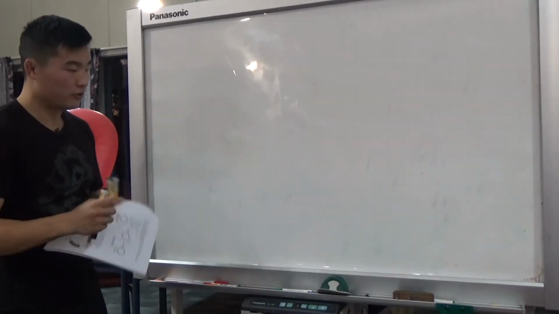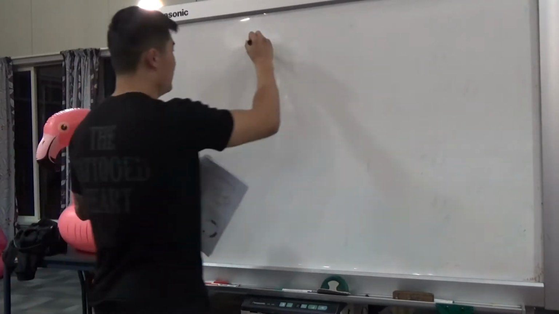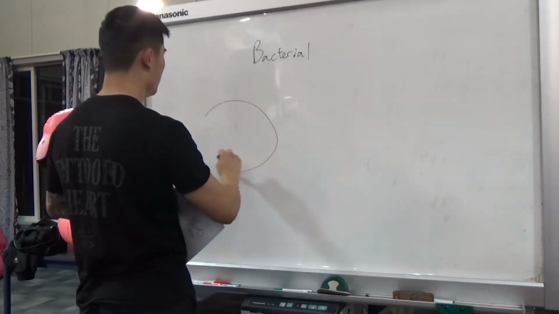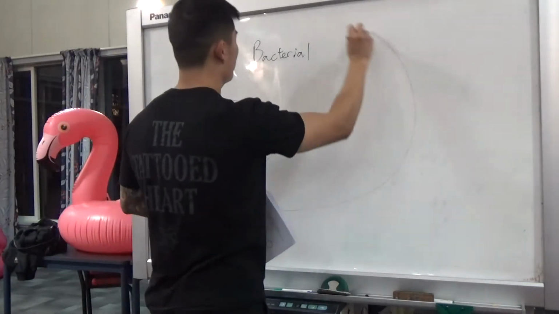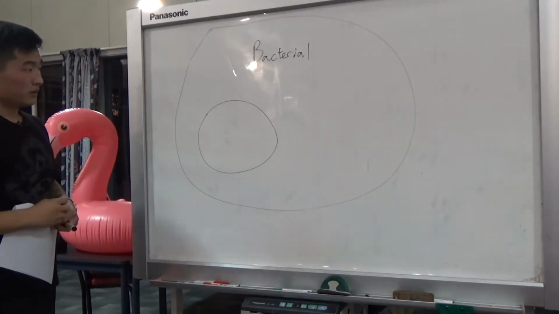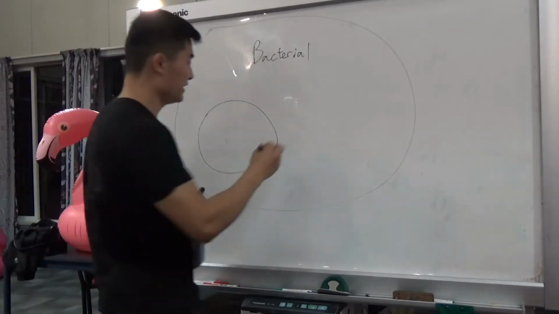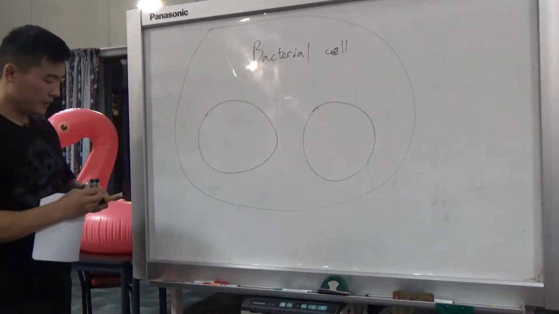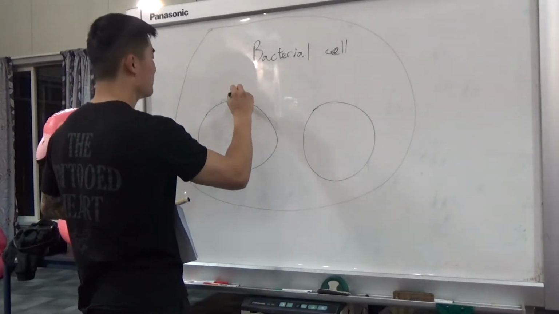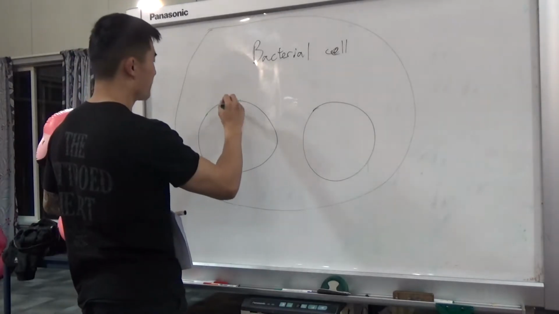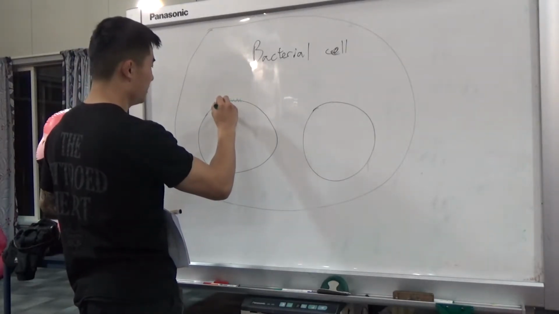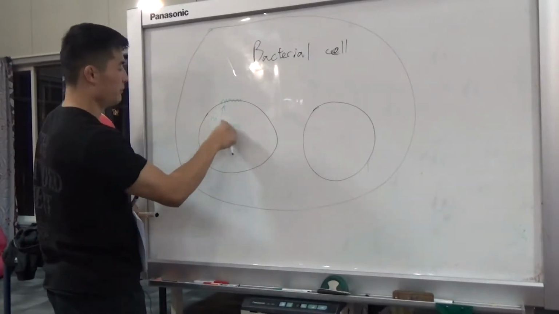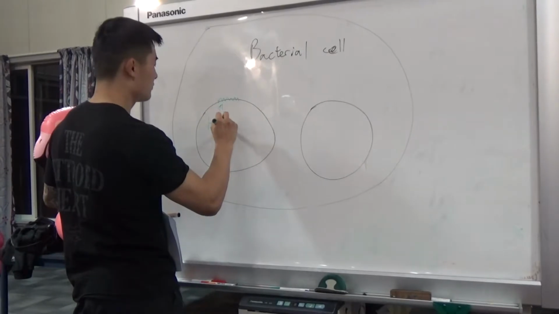So I'll just draw a diagram quickly. So you have this is a bacterial cell, and let's say you have inside your bacterial cell, you have two plasmids, and on plasmid number 1, let's say this is a human promoter.